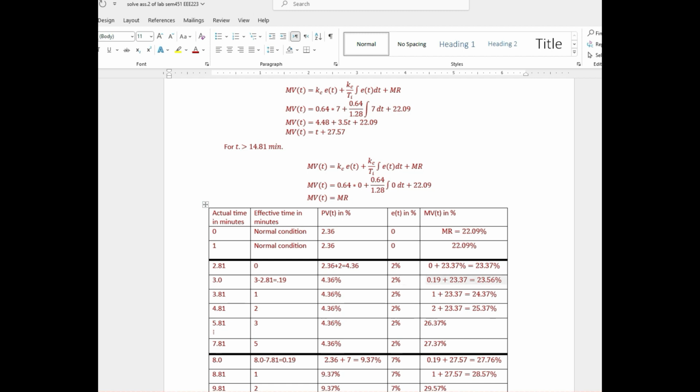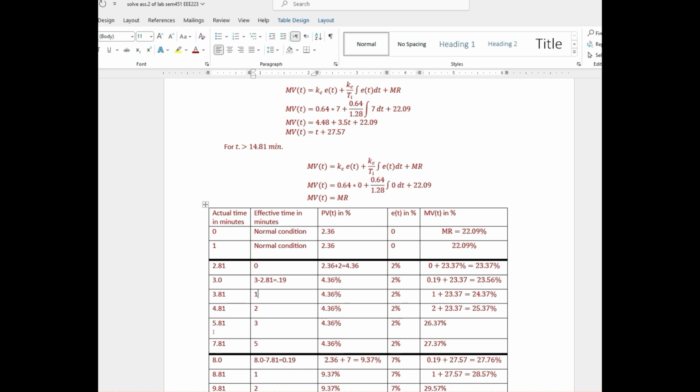Now for the MV we need to substitute the effective time. I substituted here the same thing. I substitute here for 0 at the effective time, not the actual. Now put it in the equation. The new equation for the MV gives me 23.556, and so on. Now start substituting 3.81, which is considered as effective time 1. Then its BV is 4.36.